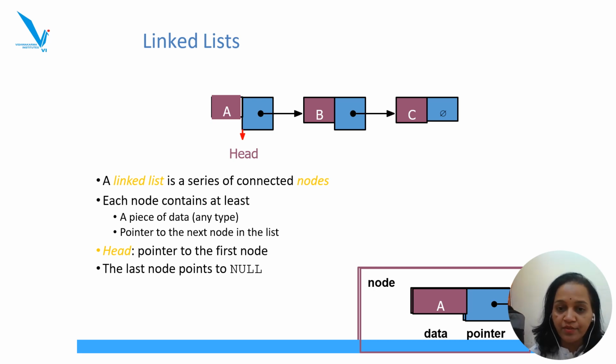There the list ends. Here you can see A, B, C, these are the three nodes. The first node is A. It is pointed to by the head pointer. The last node is C. It points to null. As you can see in the blue part of C, there is a null, meaning the list has ended over here.